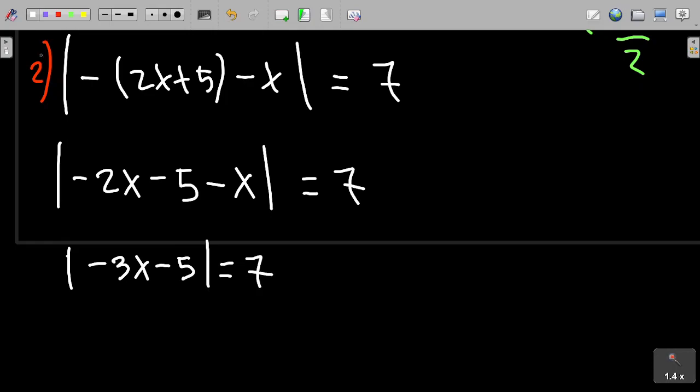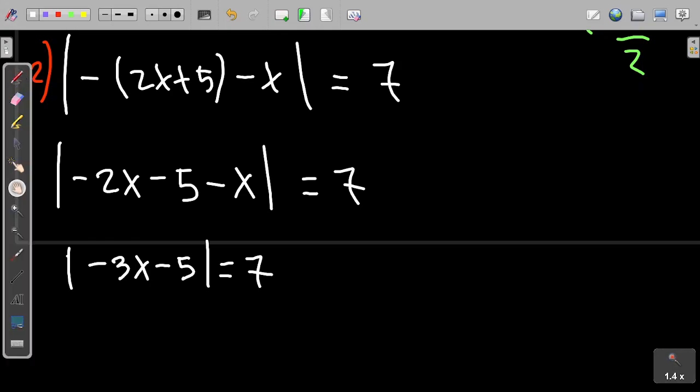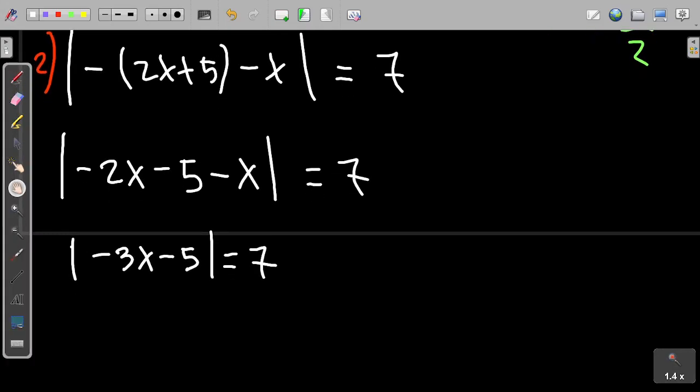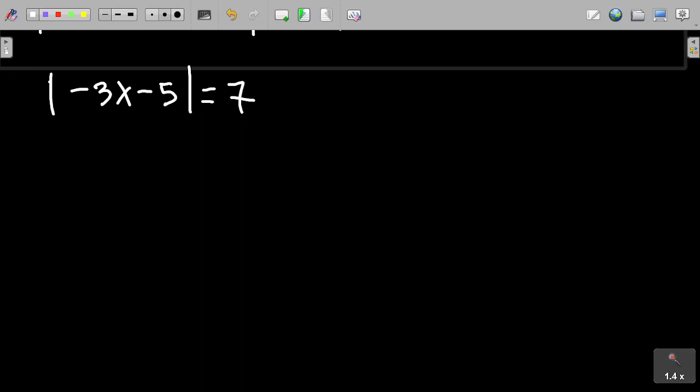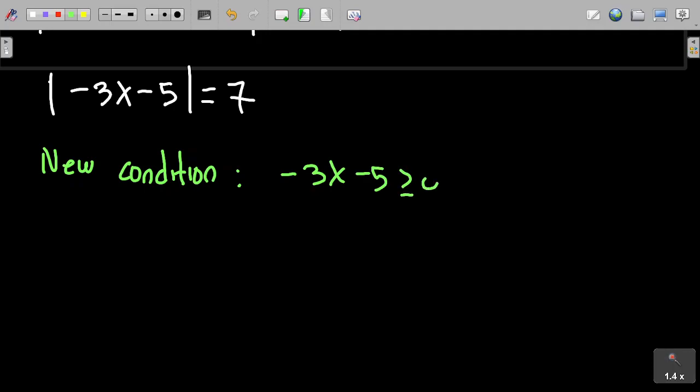Okay, so now equation number 2 should be split in two equations. I need to solve this with a new condition. My new condition, for that new expression of absolute value, should be negative 3x minus 5 bigger or equal than 0.